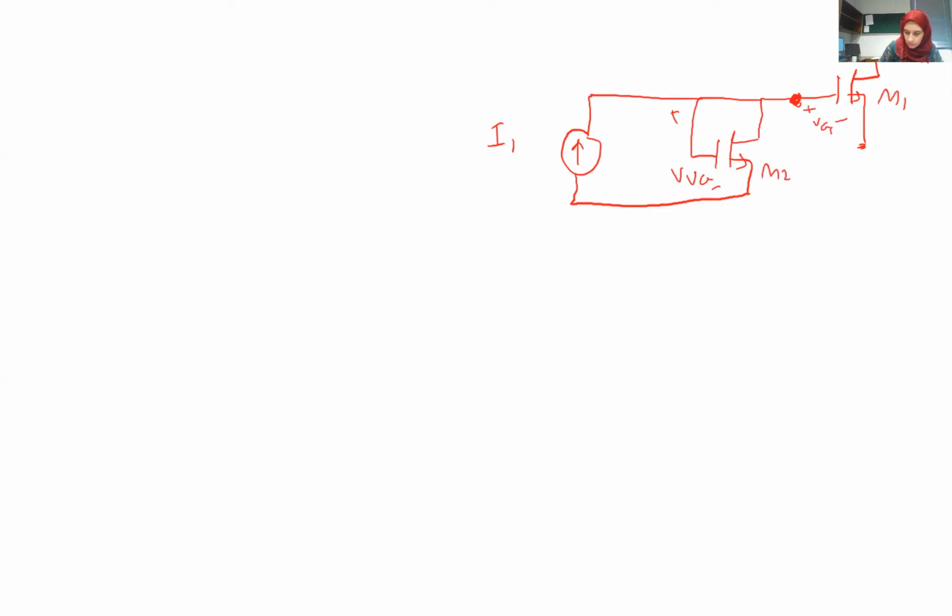So VGS of M1 will equal VGS of M2, as VGS1 minus VGS2 equals 0, and therefore we have this relation here. Now let's see how the currents are related to each other.